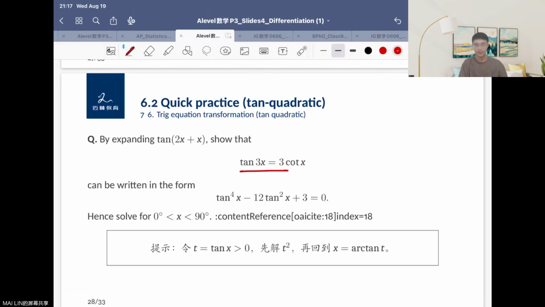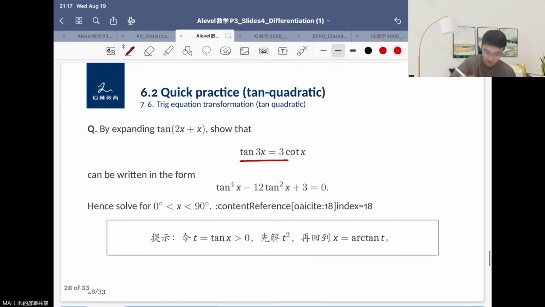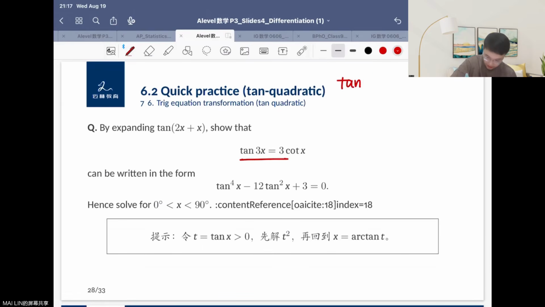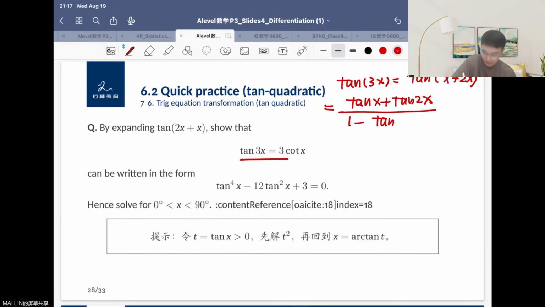So first, let's do this again. tan 3x equals tan(x + 2x), which can be written as tan x plus tan 2x, divided by 1 minus tan x times tan 2x, right?